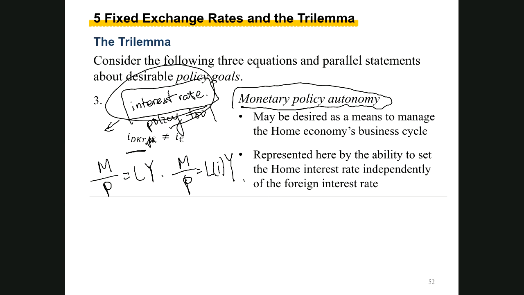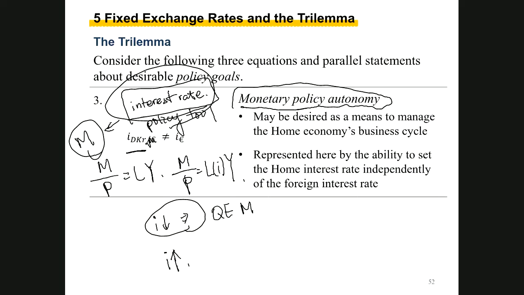You need to control the money supply, right? During a recession, the Fed will lower their interest rate. And during hyperinflation, the Fed will increase their interest rate. Right? So monetary policy, this is equal to like QE, right? So monetary supply increase. Sometimes contractionary.